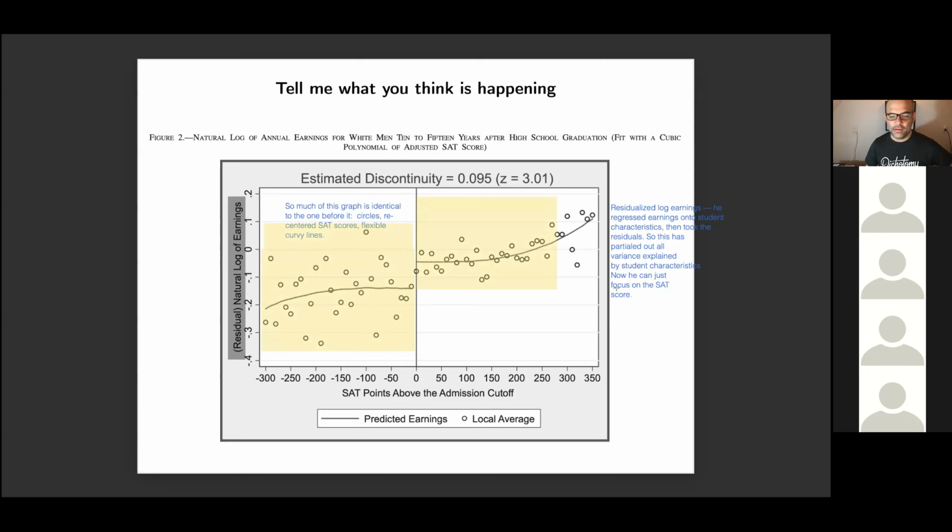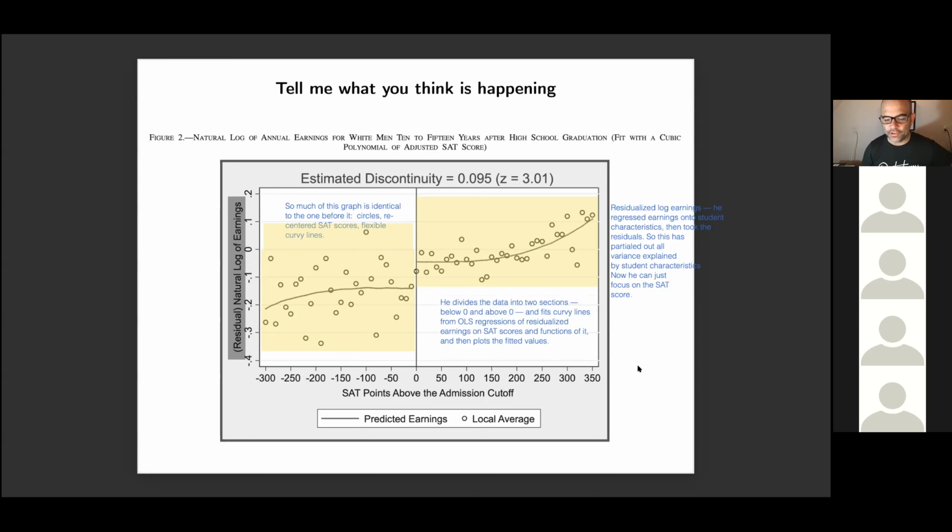Then he did it again with this data. So again, what does he do? He divides the data into two sections, below 0 and above 0, and fits curvy lines from OLS regressions of residualized earnings on SAT scores and functions of it, and then plots the fitted values.